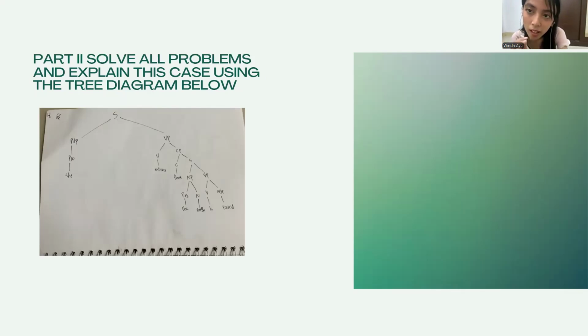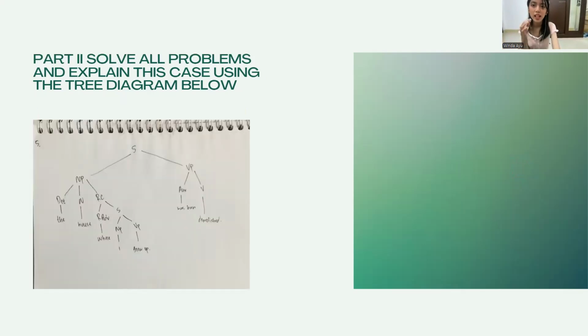And then the conjunction is that. The subject noun phrase, the determiner is the and then the noun is Earth. And then the verb is is, and the adjective is round.